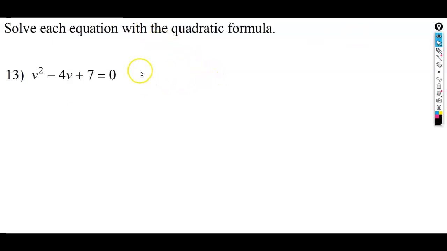Right. Next thing we're going to look at is solving quadratic equations. Quadratic functions, you guys, are functions where the x variable or the input variable is squared.